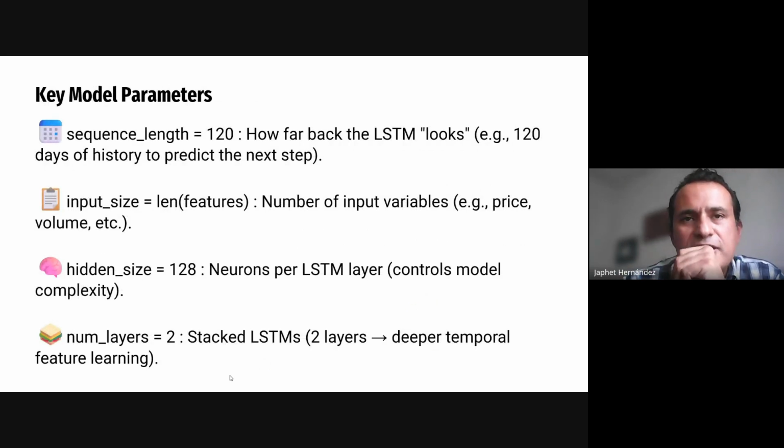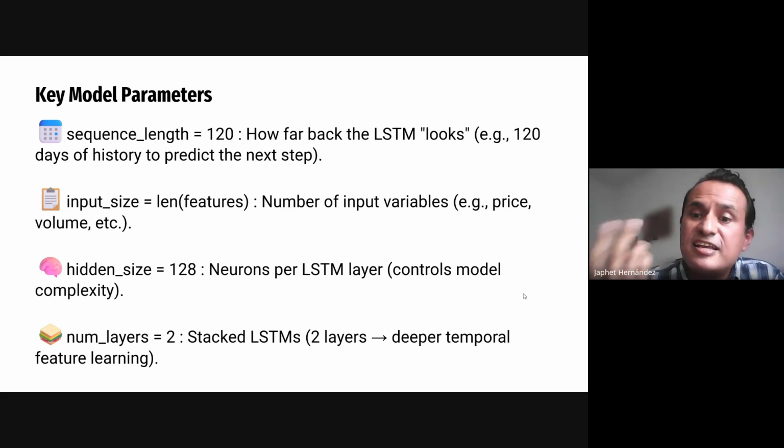Now, the way it was configured, the key model parameters, explained very plainly. The sequence length was set to 120 days, which can be understood as how much history matters. The LSTM analyzes the past 120 time steps, or days in our case, to predict the next value.